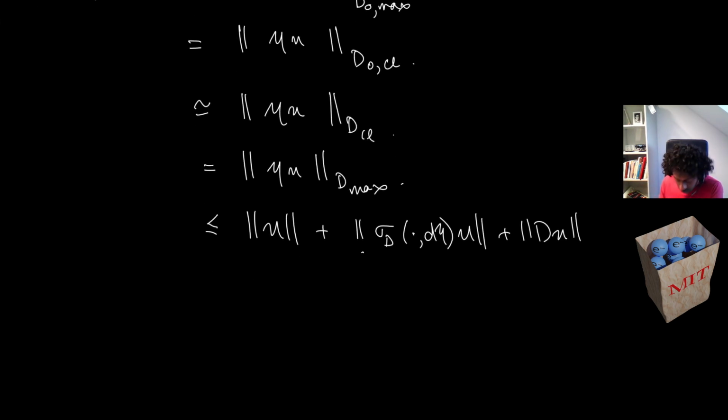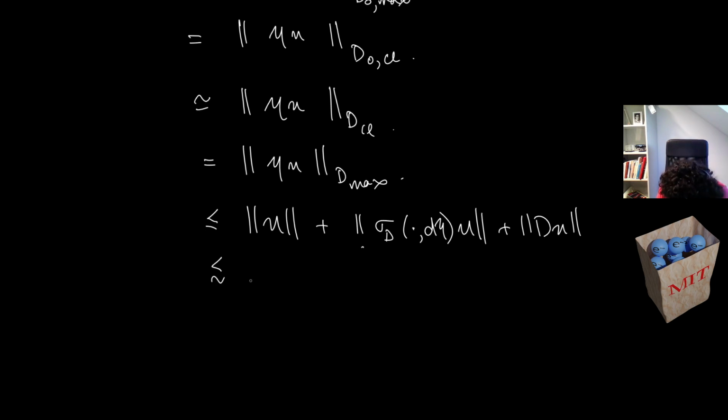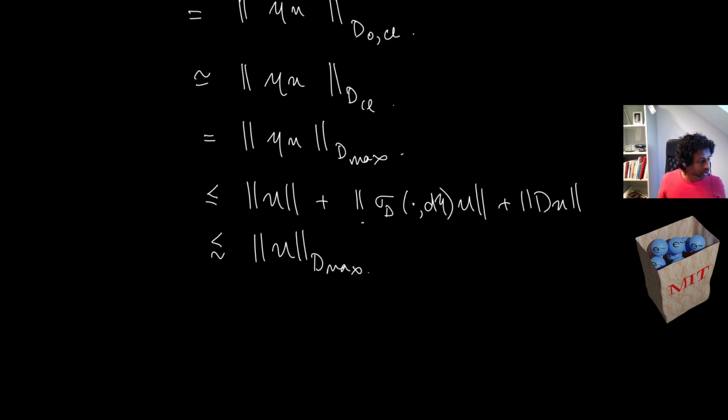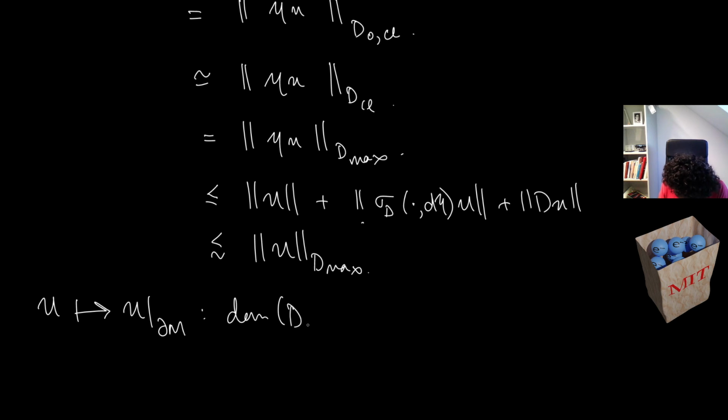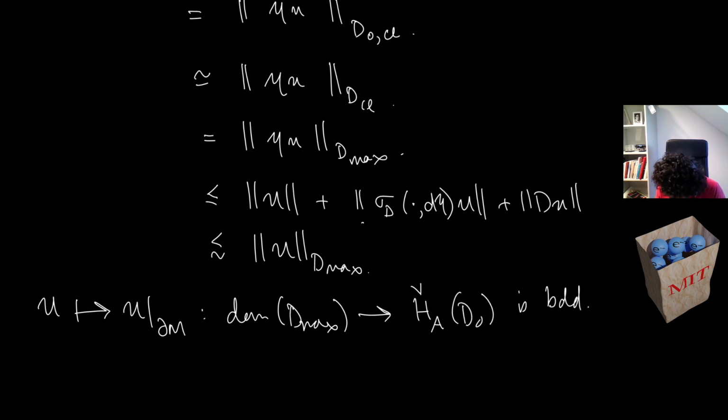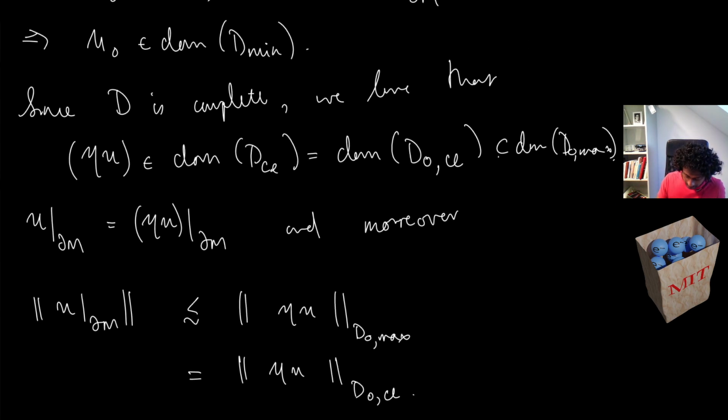This action on the symbol is bounded, so this is all now controlled in terms of D max. So what have we shown here? We've shown that U maps to eta U from the domain of D max to H check of A of D naught is bounded.